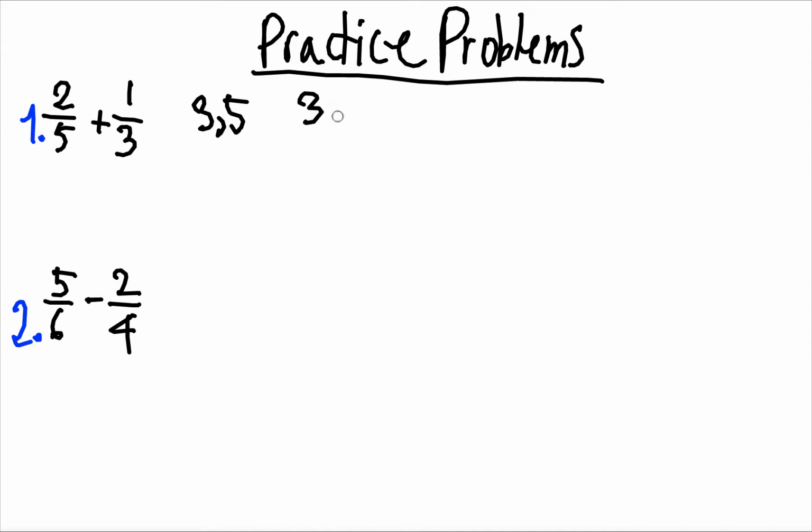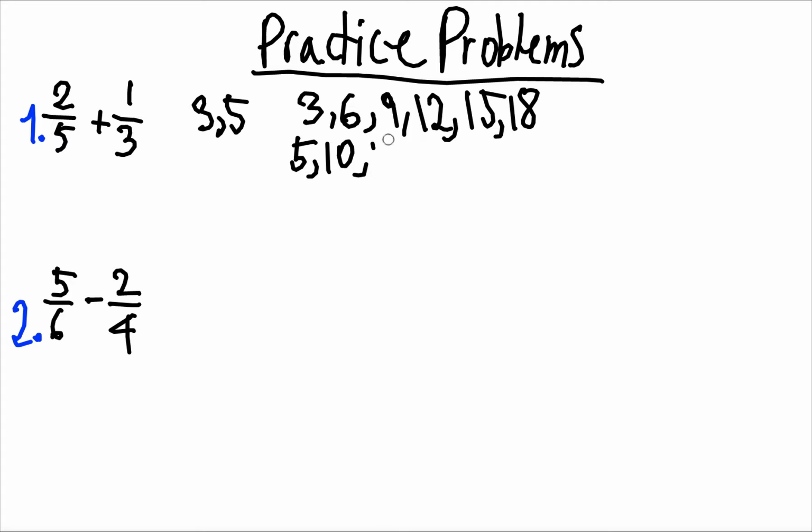For 3, we have 3, 6, 9, 12, 15, 18, and so on and so forth. For 5, we have 5, 10, 15, 20, and it goes on. Now let's look at these numbers closely.